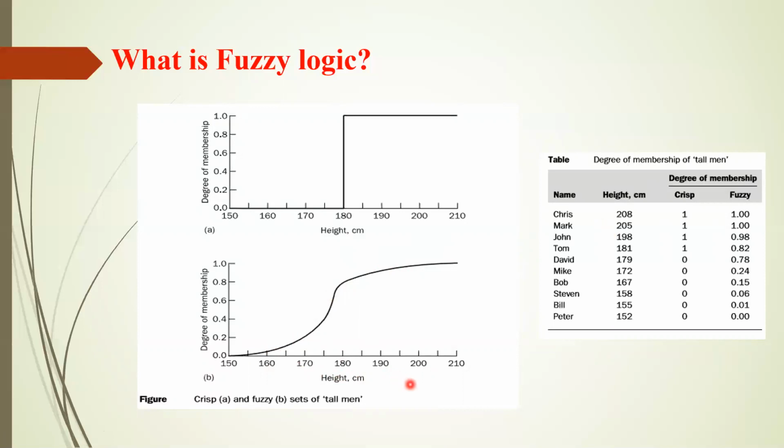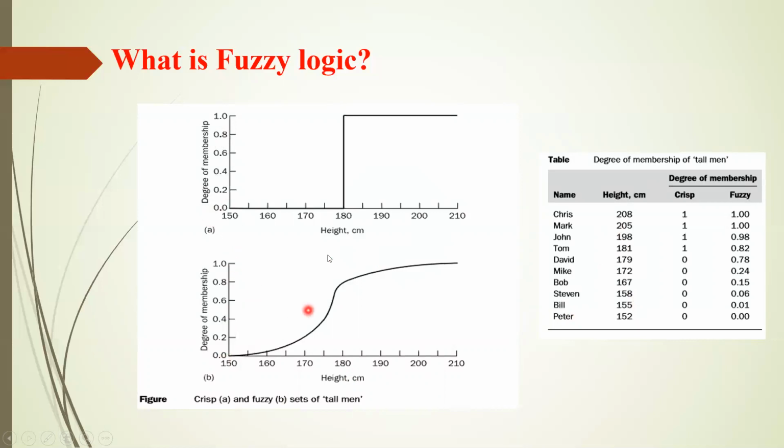In our case, the variable is the human height. So according to this representation, the universe of men's height consists of all men. The vertical axis in the figure represents the membership value, which is between 0 and 1.